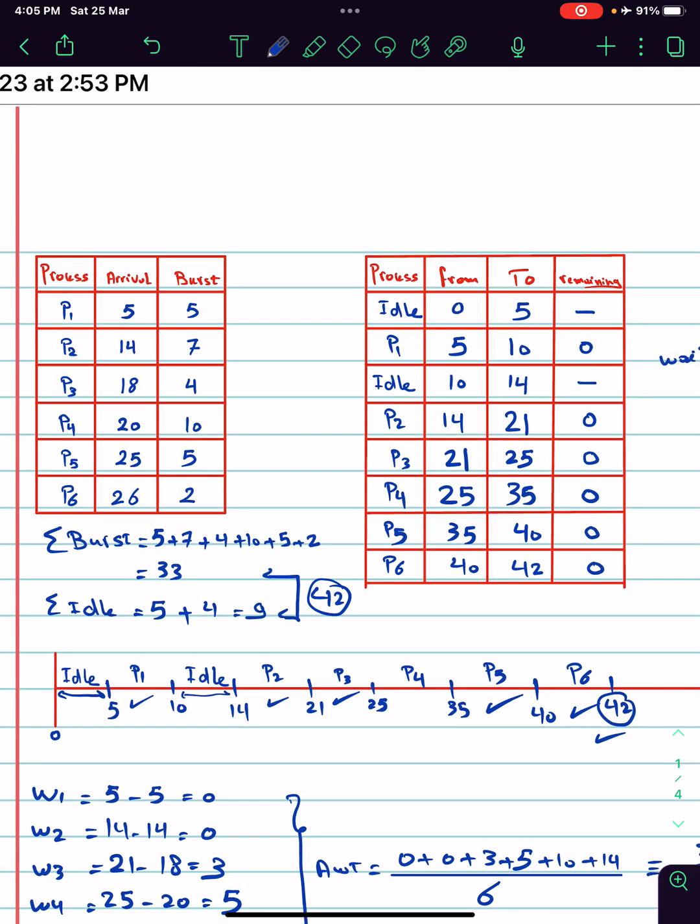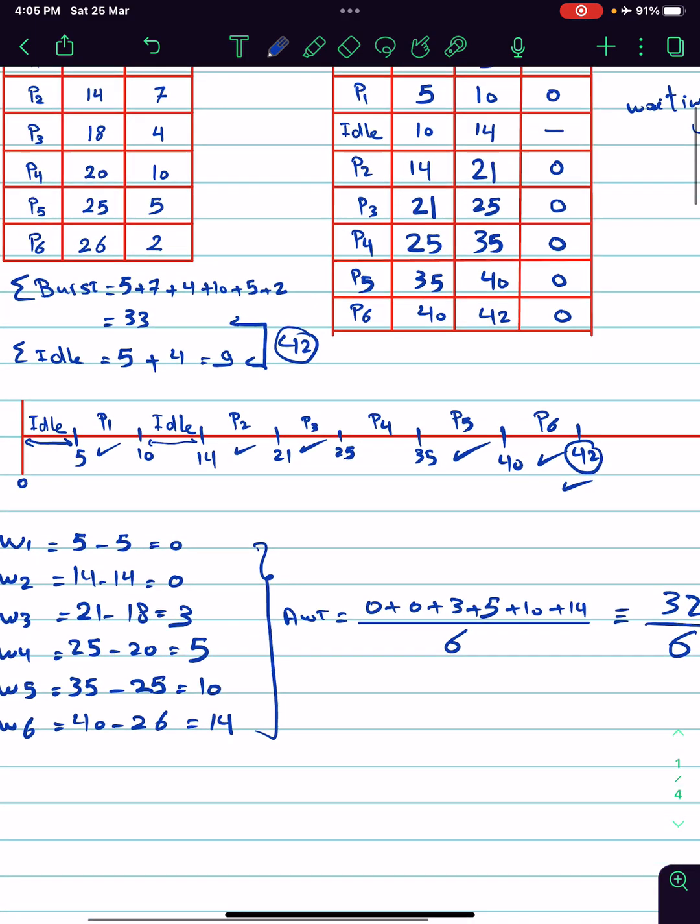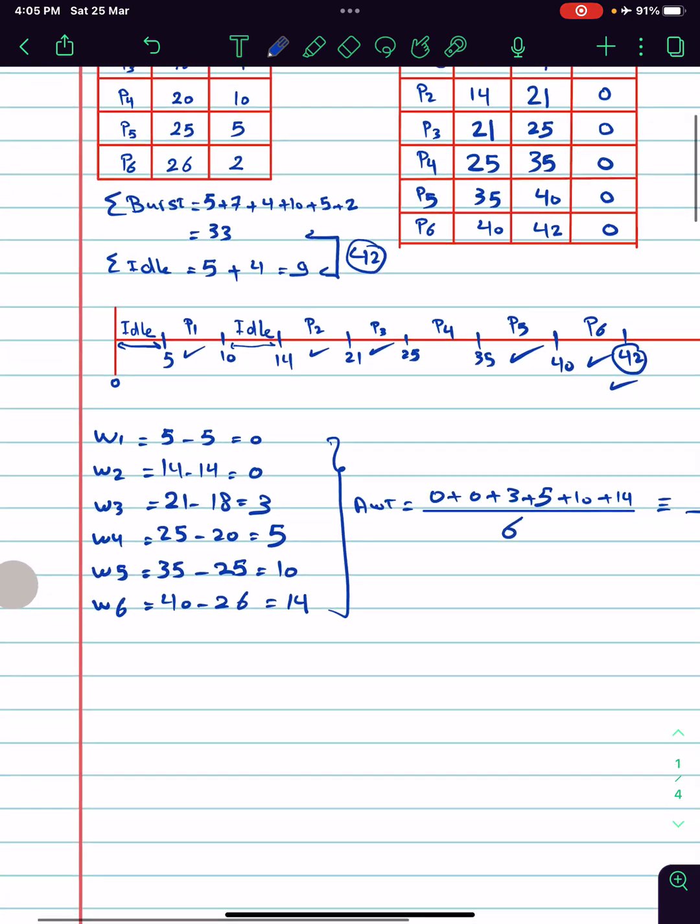For P2, it finished at time 21, it arrived at time 14, so this is going to be a 7. For P3, it finished at time 25 and it arrived at time 18, so that would be a 7, and so on. And then you sum them, divide by 6, that would be the average turnaround time.